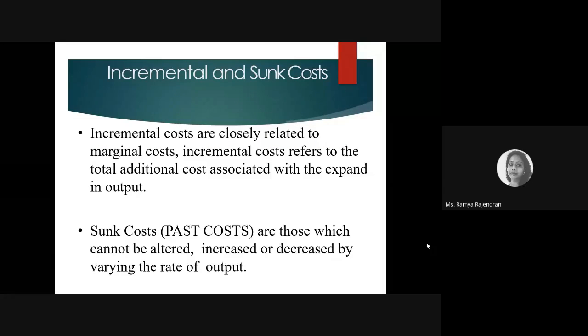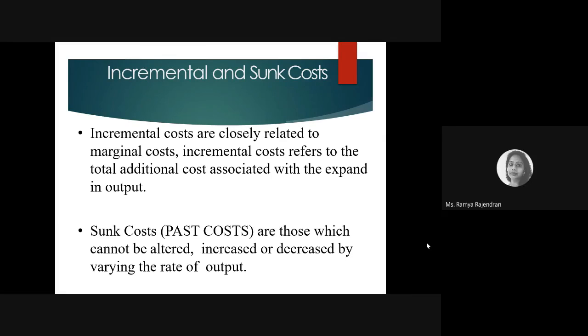Yeah. So next one is the incremental cost. It's about an additional cost. For example, imagine you're making 10 shirts, but you want to increase your production to 15 shirts. For making the 5 extra shirts, you might have to buy more raw materials, maybe more threads.